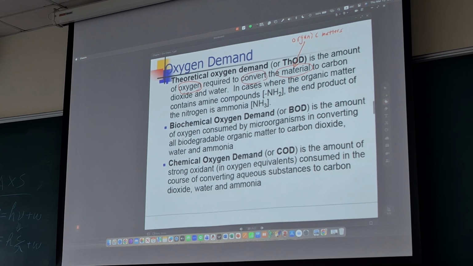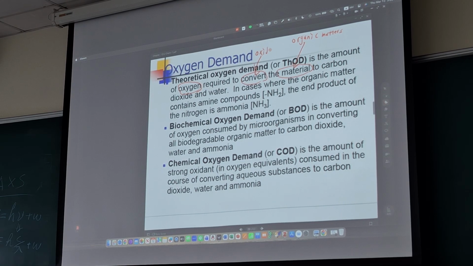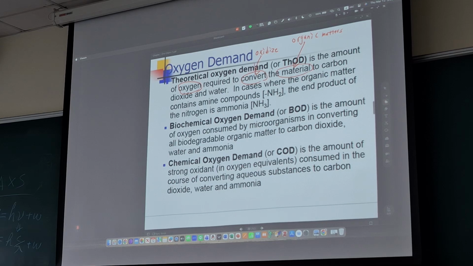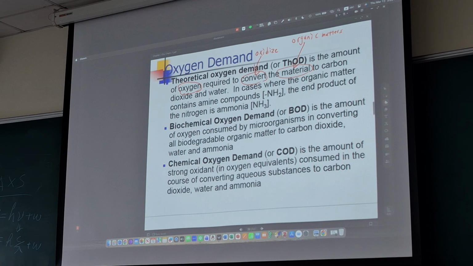Required to convert, how to convert? Oxidize to carbon dioxide and water.